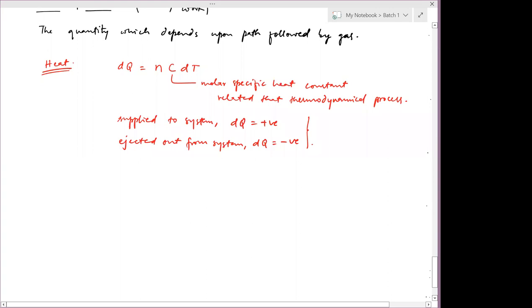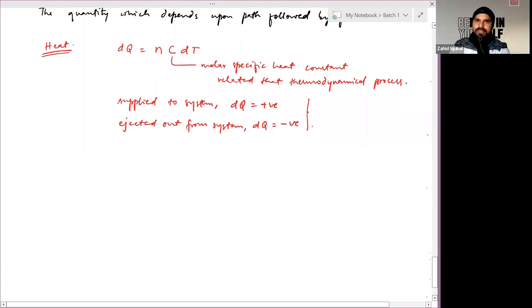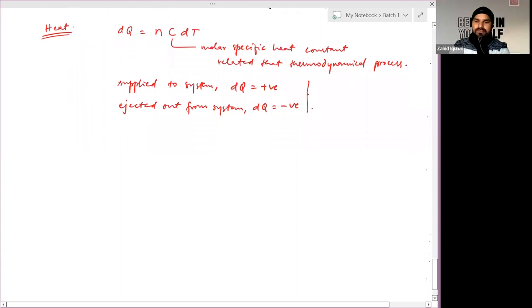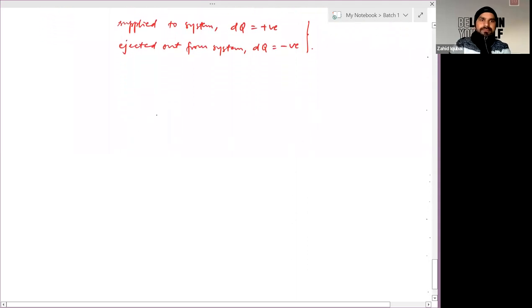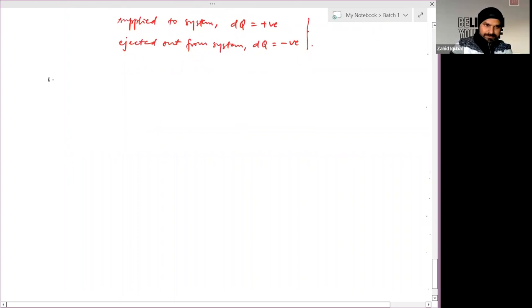Yes, sir, done. Okay. The next part is calculation of work done, which is the most important for this entire chapter. So next is work done. Work done is equal to force times displacement. We may write force as pressure into area, times displacement.